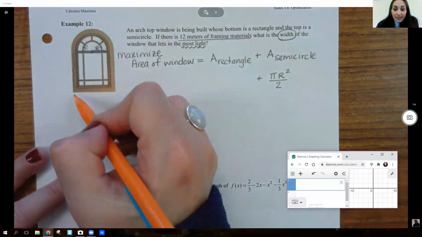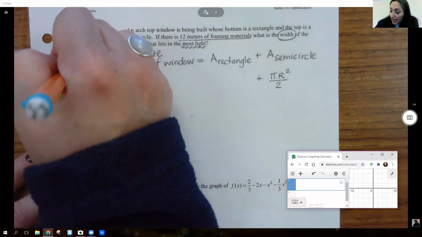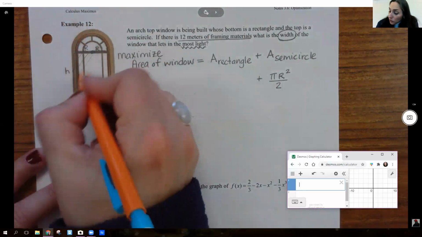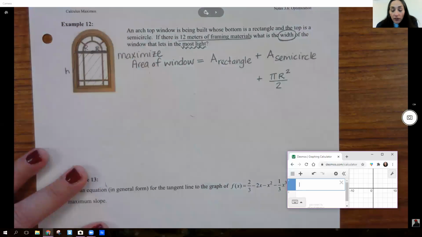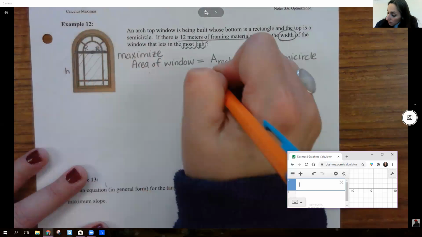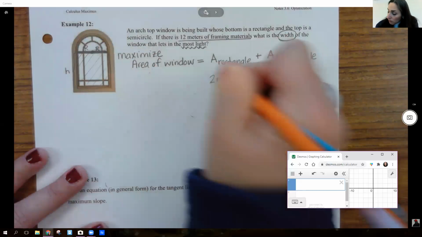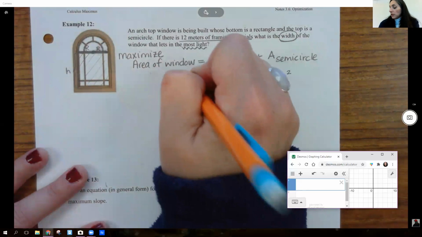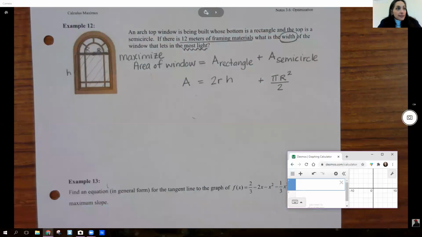If you just want to call that H, you can. So the area of this rectangular part of the window would be 2R times H. 2RH. And that is going to equal the area of all the glass in the window.